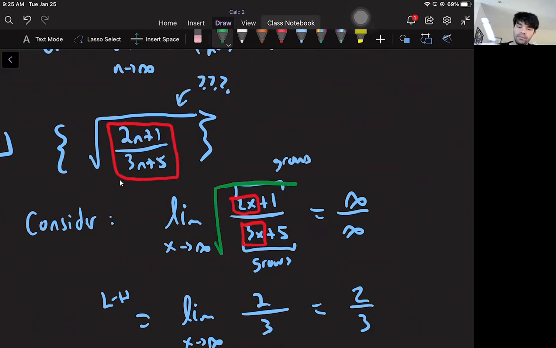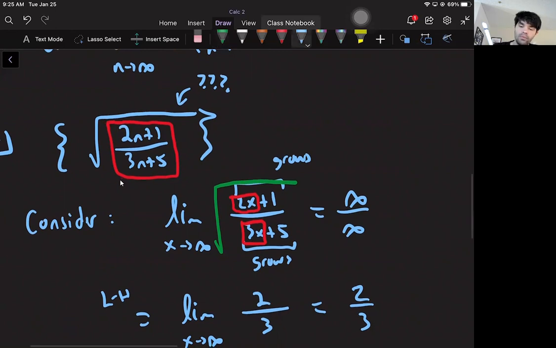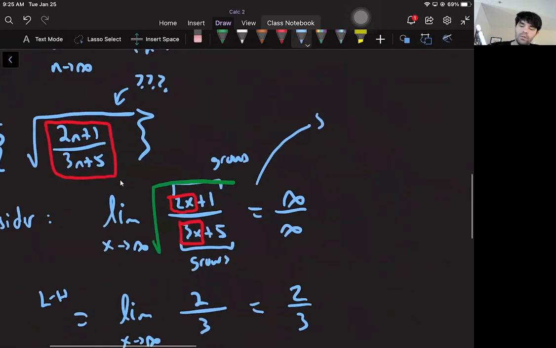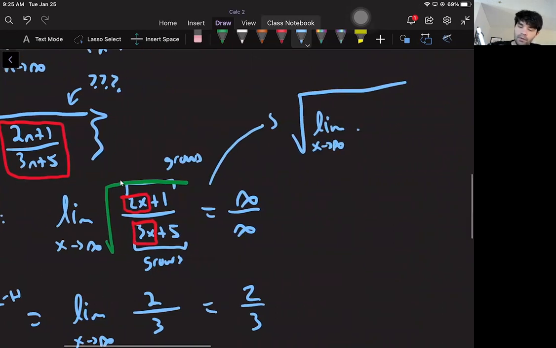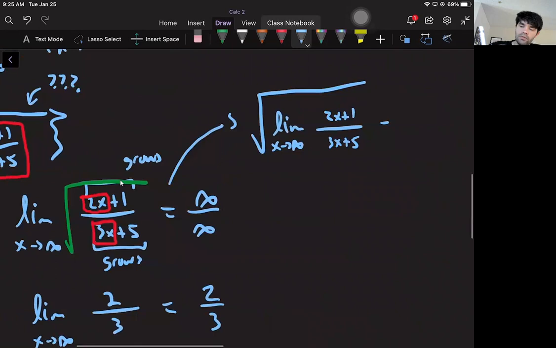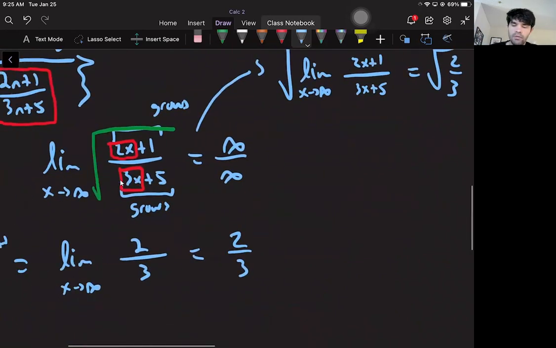But then what I'm doing is I'm passing the limit through. So it becomes the square root of the limit of these things. And then we just figured out that that was 2/3. So that's going to be a 2/3 inside of the square root.